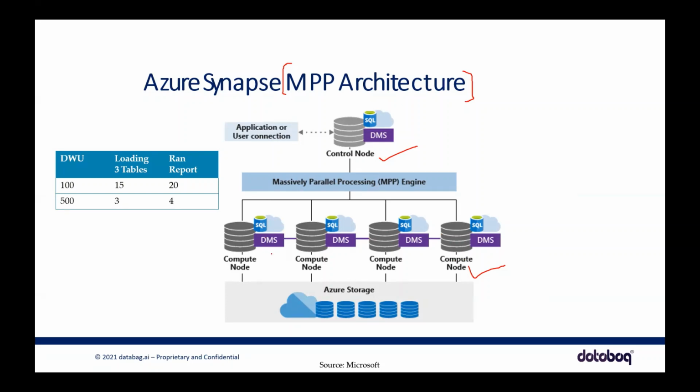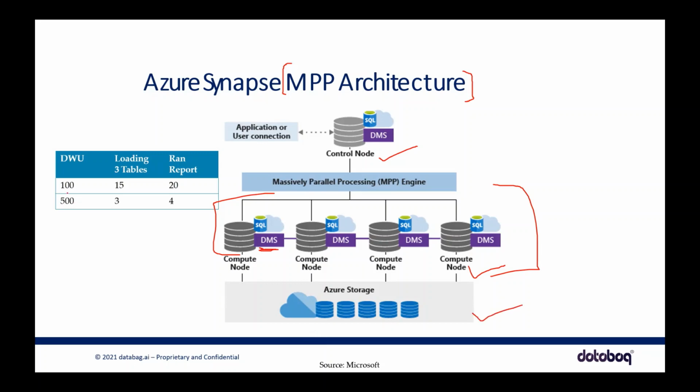It can be anything. Here you have another service called DMS, data movement service, between each and every node. You have DMS between the control node and the entire cluster, and also within the clusters. At the bottom you have Azure storage, to store all the meta information, linked service data, datasets and everything.